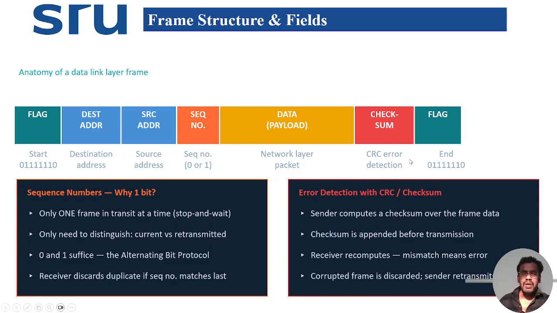We add a redundancy bit from sender to receiver side to calculate whether the data is reliable or not. If it is reliable, we accept it. Otherwise, we ask the sender side to resend the file. Then the end flag: the same flag pattern as at the beginning, which indicates the end of the frame.